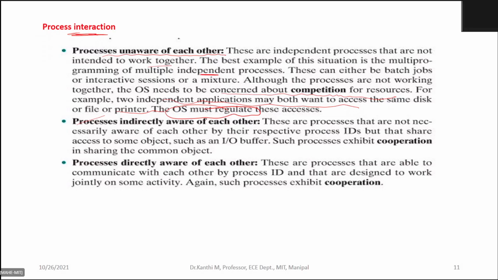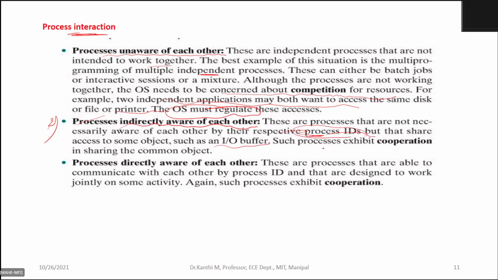The second would be the processes indirectly aware of each other. They will not directly know each other, but indirectly. So these are processes that are not necessarily aware of each other by their respective process IDs, but they share access to some object, some buffers.